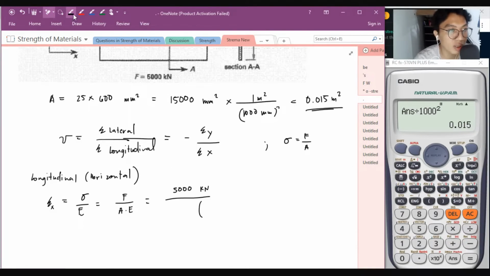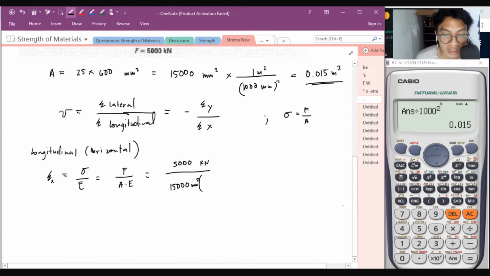Okay. Gawin na lang natin ganito. Wag na. 15,000 millimeter squared na lang. 15,000 mm squared. Kasi ito gagawin kong GPA, 200, yan 200,000 Newton per millimeter squared. Tapos to gawin ko Newton times 1 kilonewton, 1,000 newtons. Okay. Makuha na natin yung longitudinal strain.